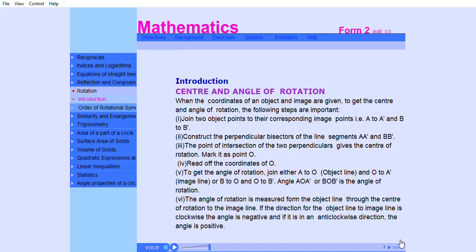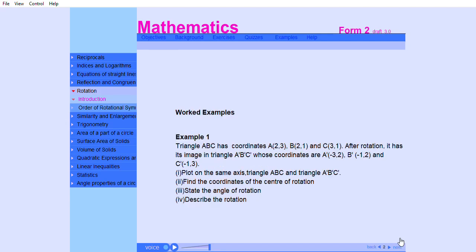The angle of rotation is measured from the object line through the center of rotation to the image line. If the direction from the object line to image line is clockwise, the angle is negative, and if it is in an anticlockwise direction, the angle is positive.